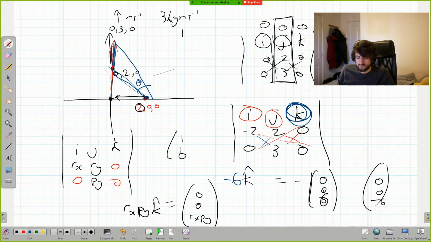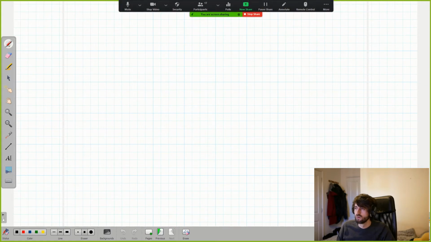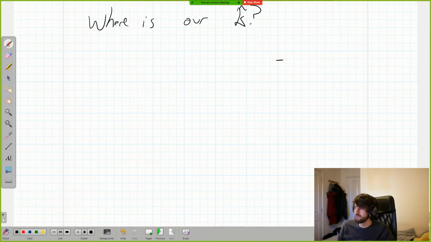Another important thing is we have to know where k is. We know that i is that way, and we know that j is this way. Now, typically, when they teach physics, they teach k is this way. But when we use Unity, that's absolutely not true. k is this way.